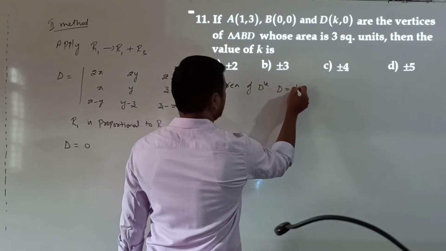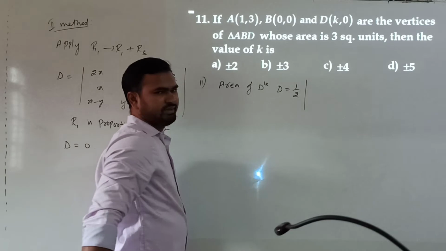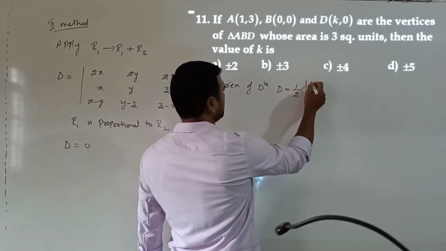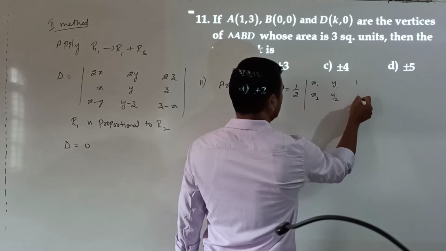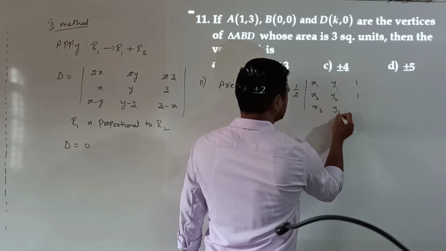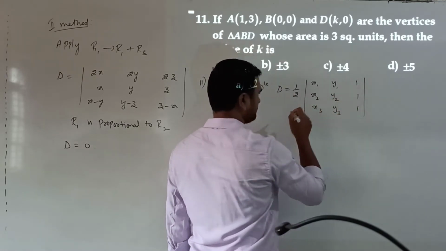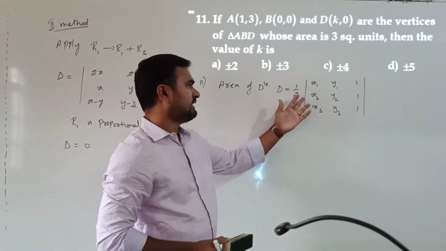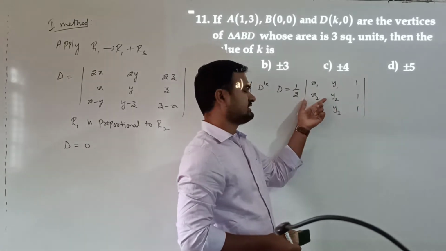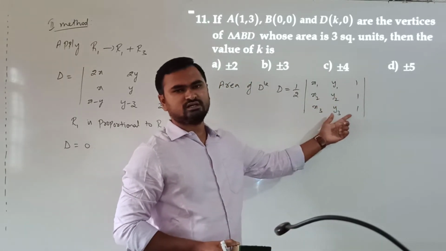Area of a triangle, delta, is 1 by 2 times the determinant of x1, y1, 1; x2, y2, 1; x3, y3, 1. Okay, the value of the area of the triangle is given by 1 by 2 determinant of x1, y1, 1, x2, y2, 1, x3, y3, 1.